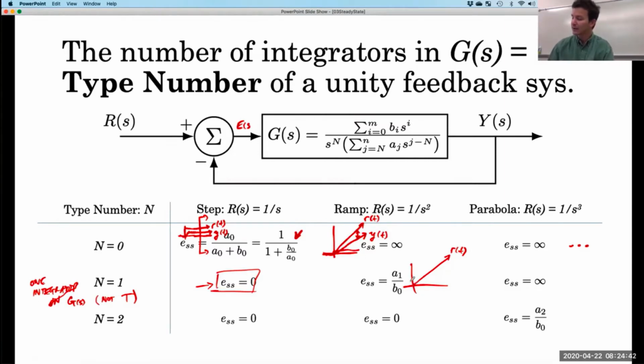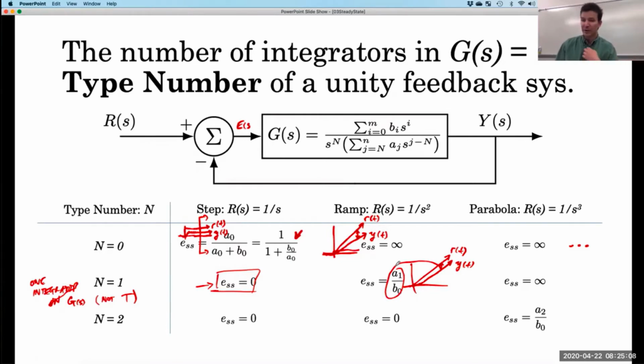Now, what would a constant error in steady state look like for a ramp? A parallel. Exactly, it has to be parallel. So this distance is given by that value in steady state.